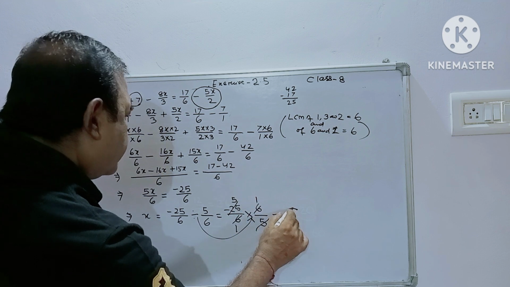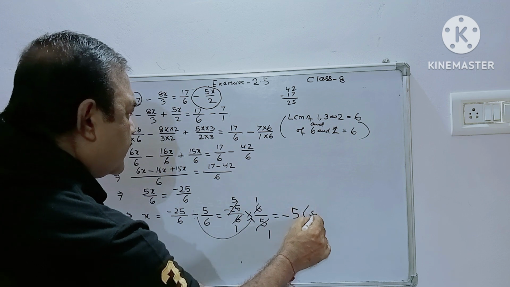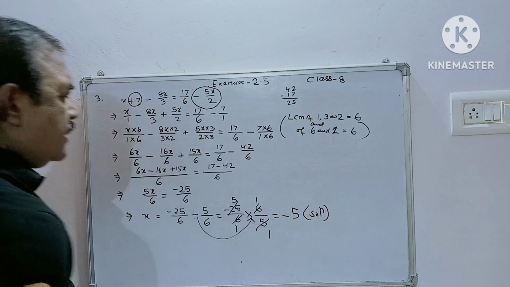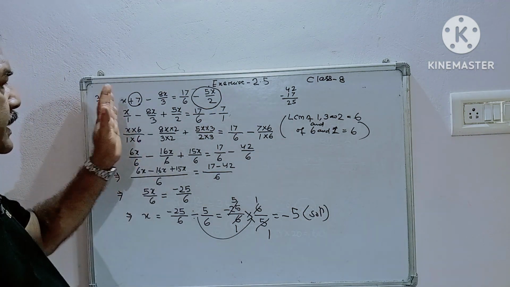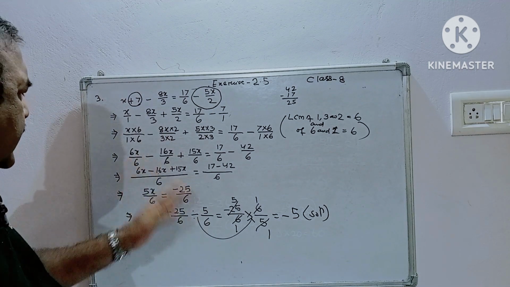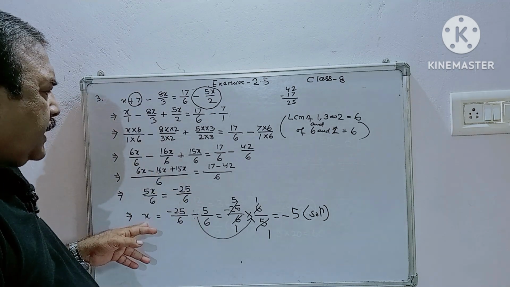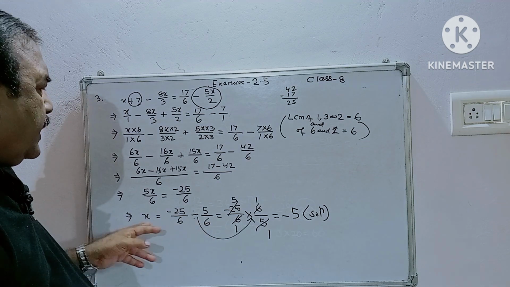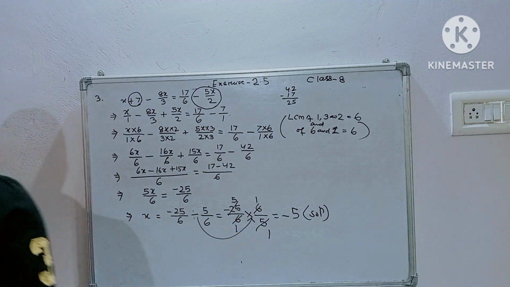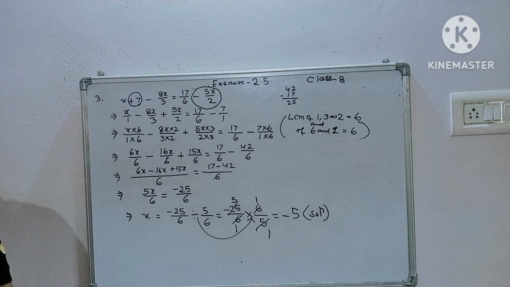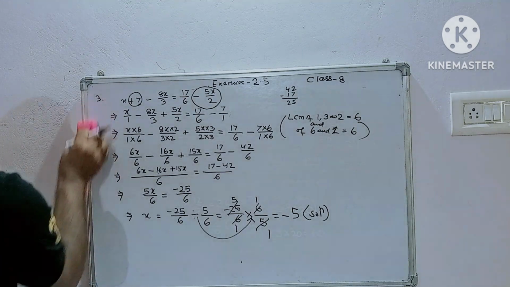That is equal to minus 5. So this is the solution. We got the root, the definite value of the variable. So the equation is solved here. The equation is satisfied with this definite value of the variable, that is minus 5. Okay? We will move to the next question.